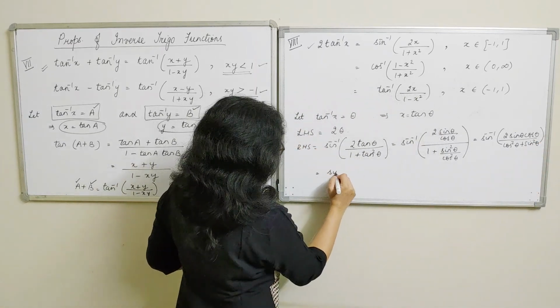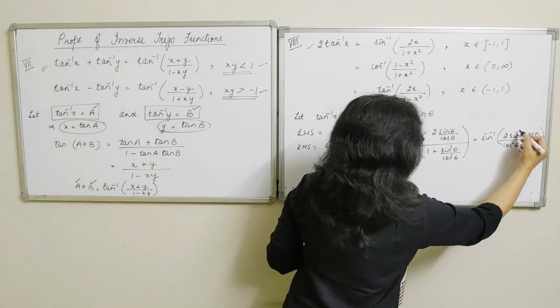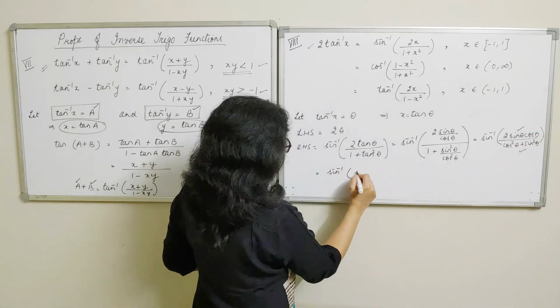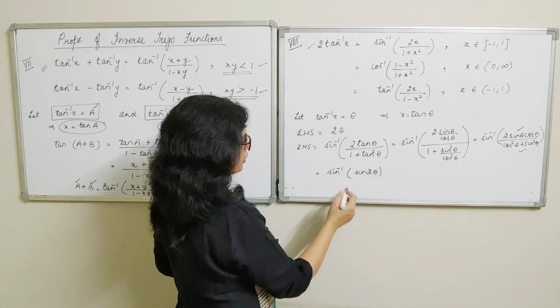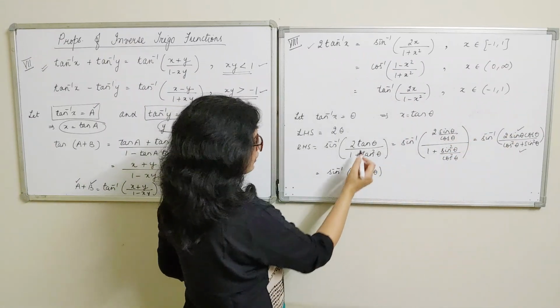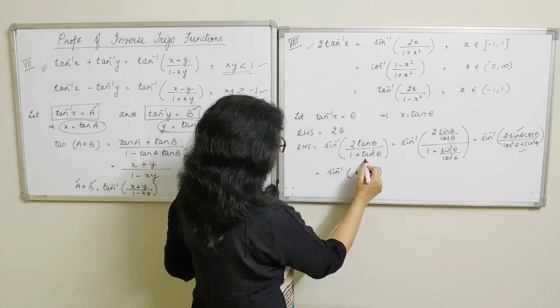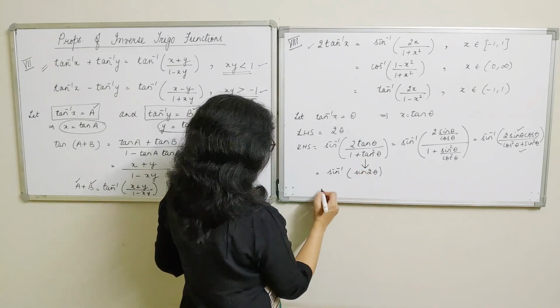So in that case you can see that the denominator is 1, and the numerator can be written as sine 2 theta. So here we have done all these simplification steps. If we remember the result, then we know 2 tan theta upon 1 plus tan square theta can directly be written as sine 2 theta.